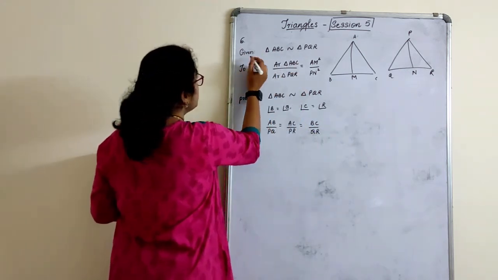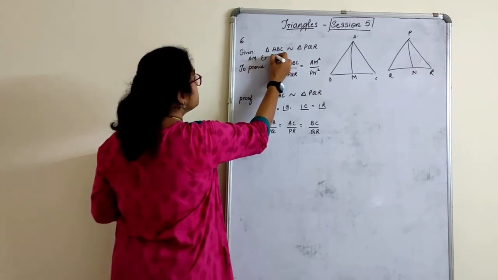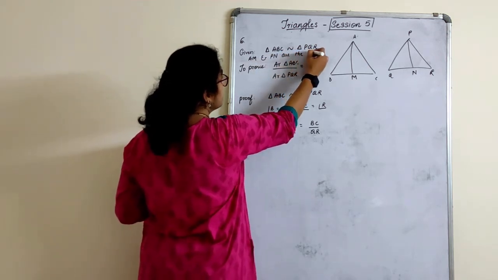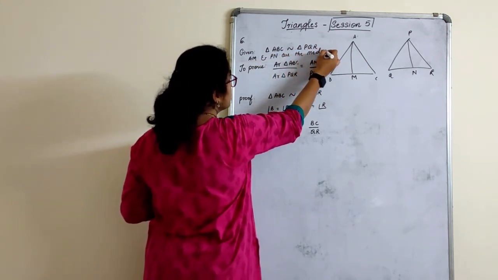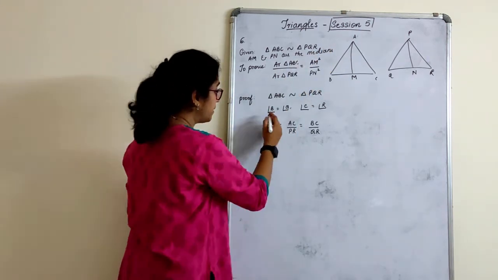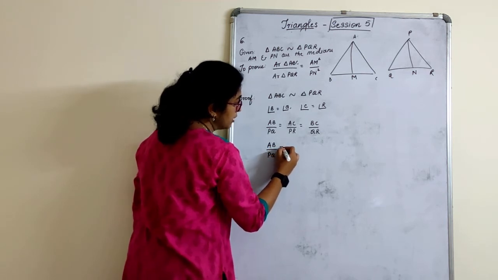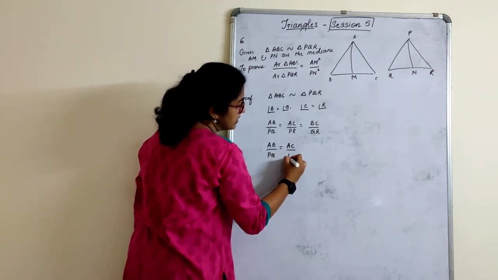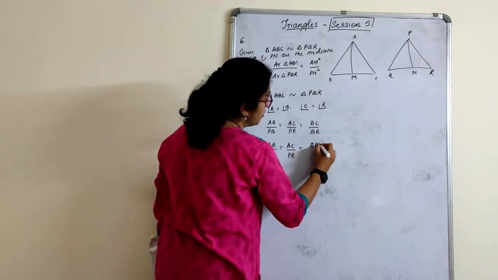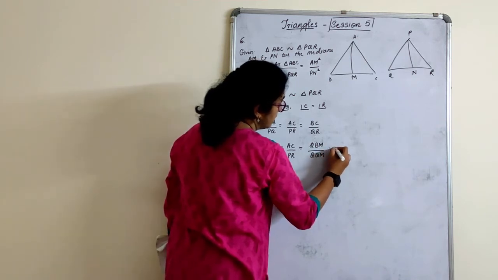One more thing I need to mention here. AM and PN are the medians. We know the median divides into two equal parts. I can write this as AB upon PQ is equal to AC upon PR is equal to 2 times BM upon 2 times QN.